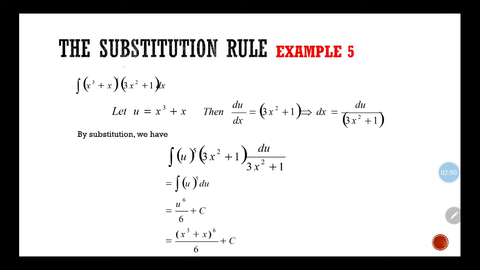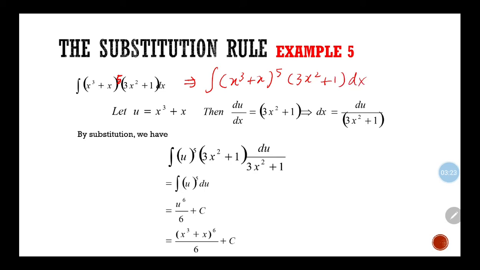The question asks you to integrate (x cubed plus x) to the power of 5, kat sini power of 6? No, power of 5. Okay, (x cubed plus x) power of 5 times (3x squared plus 1) dx. Okay, to make it clear, saya tulis lagi sekali lah. (x cubed plus x) power of 5 times (3x squared plus 1) dx.